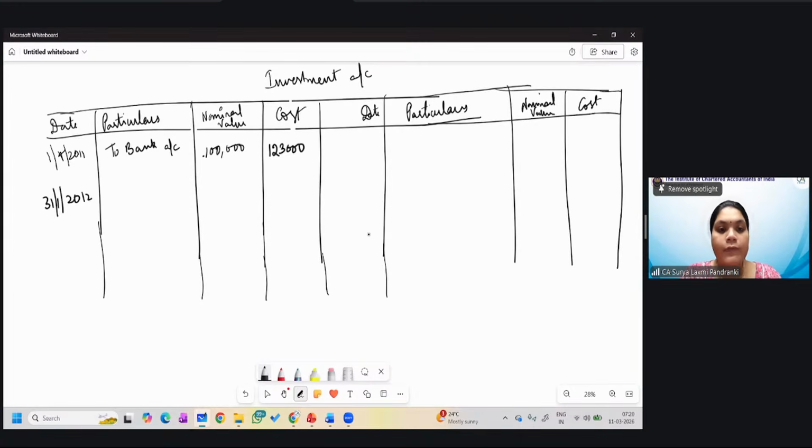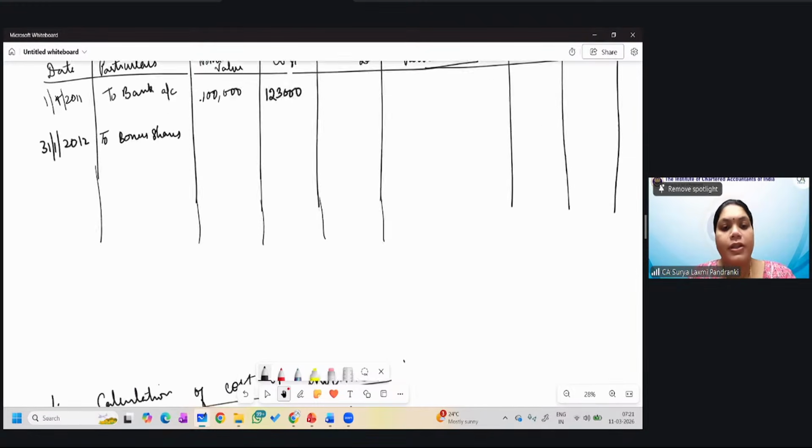Now, is bonus for free or some value have to be paid? I clearly told you about the bonus and the rights issue. So bonus, is it for free or you have to pay something for it? Free. You don't have to pay any rupee for it. No cost for that. So how many shares did we get?